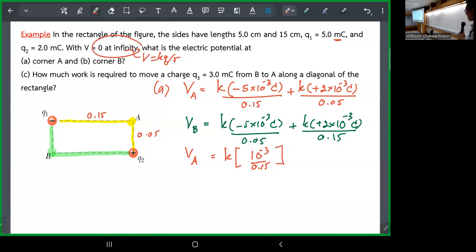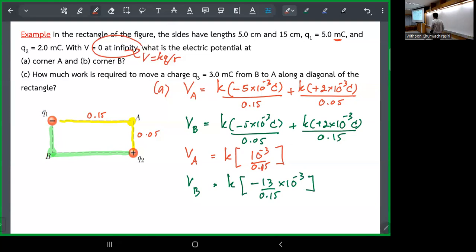That's a number right there. And I will do the B. Let me just do the scratch paper right now. It's going to be -13 over 0.15 times 10 to the -3. There you go.